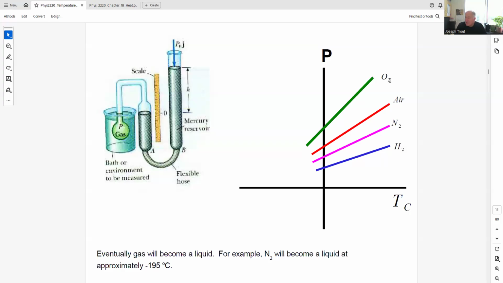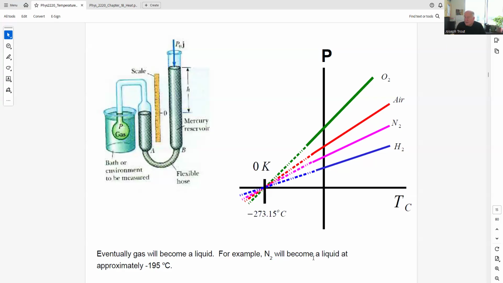We'll try oxygen and nitrogen. And once again, what we're saying is that if we start here and we heat it, the pressure increases. And if we start here and we cool it, the pressure decreases. If we extrapolate all these lines back, they cross the x-axis at negative 273.15 degrees C. And we'll call that 0 Kelvin.